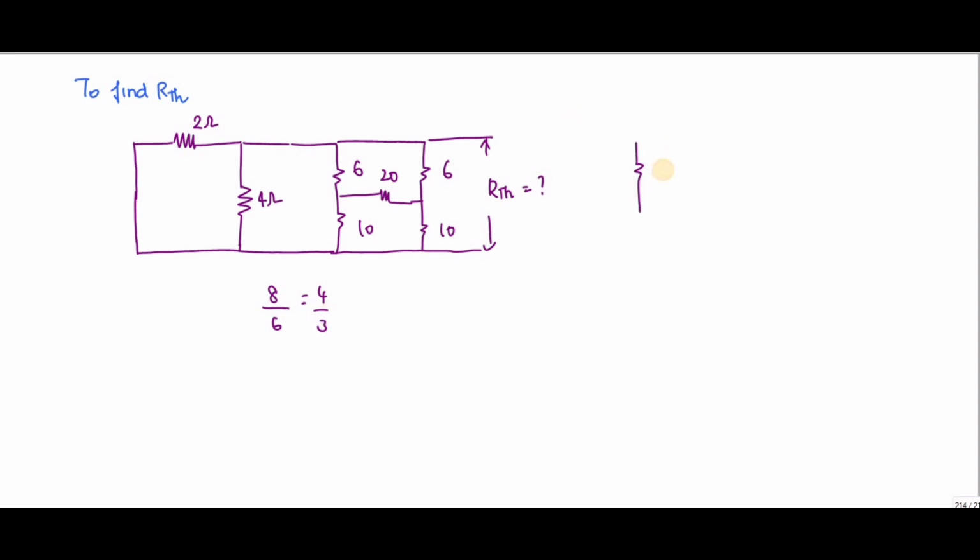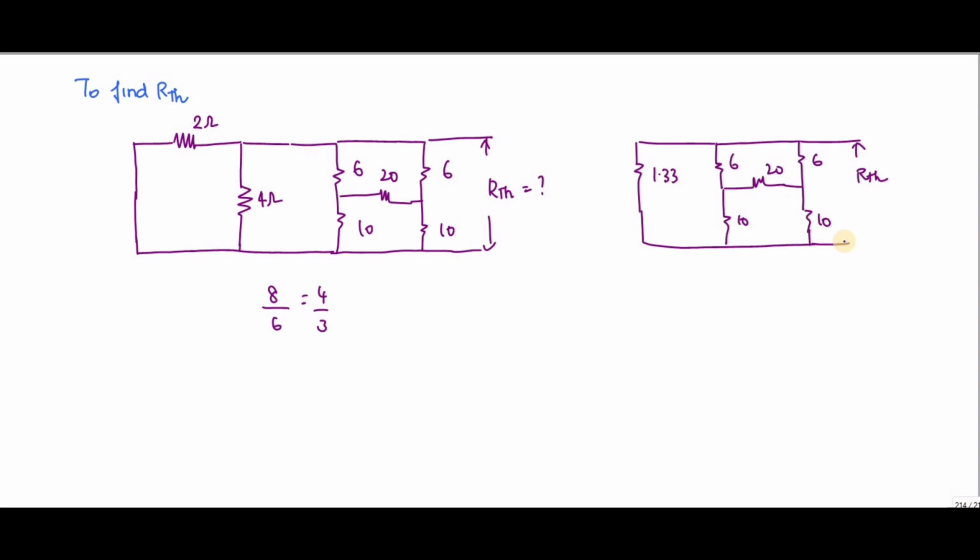This is 1.33, 6, 20, 30 and 30. Now I'm going to convert this star terminal into delta.